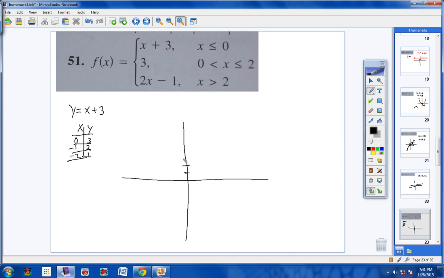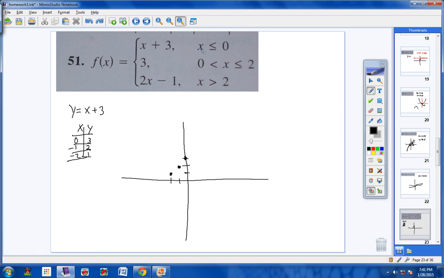So 0, 3. Negative 1, 2. Negative 2, 1. Now, the line's either going to look like this, or it's going to start here and go like this, or it's going to start here and go like this. One of those scenarios, or it could just go like this and stop at both ends.